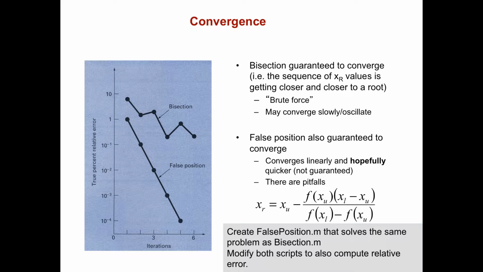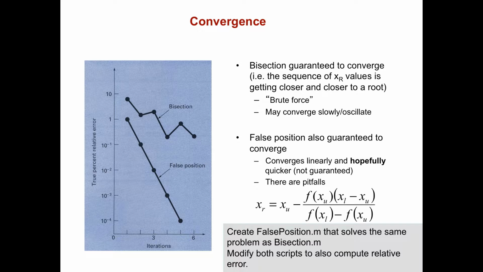So take that bisection.m. If you don't have yours, I have uploaded the MATLAB file that I just showed you right now. So if you want to work with that, and modify it. Okay. So basically, save it as false position.m, and change that line that computes my xr, change it to this new one, and let's see how fast it works. Now, in order to compare them, you will also have to compute relative error.